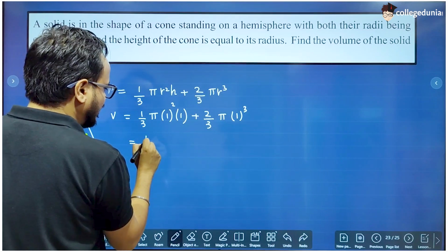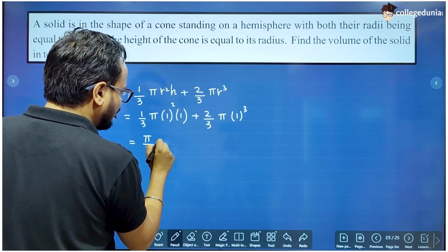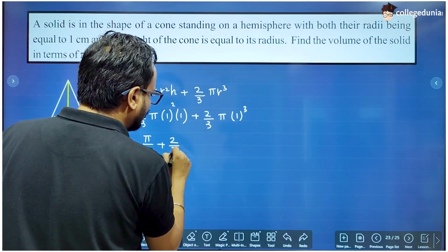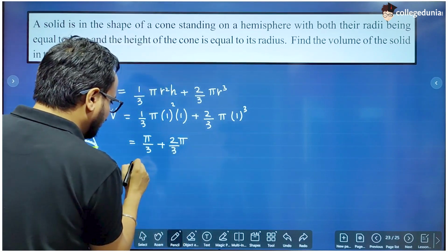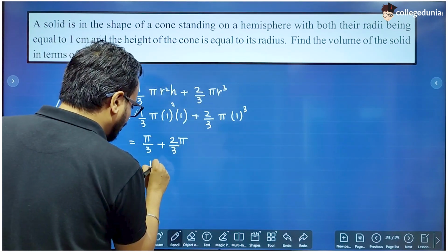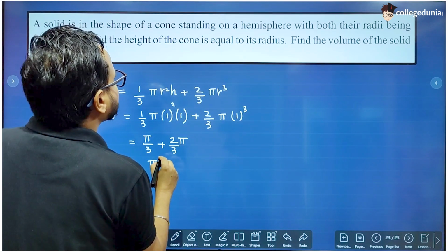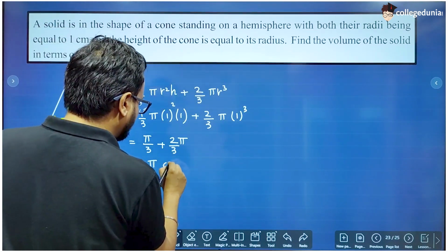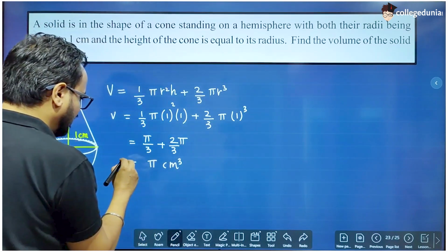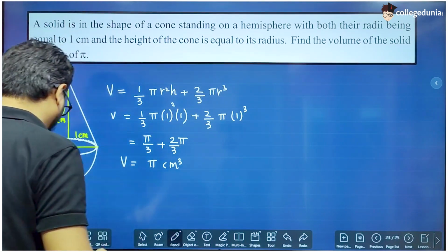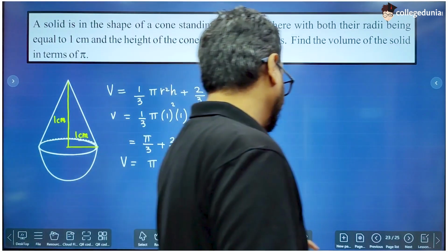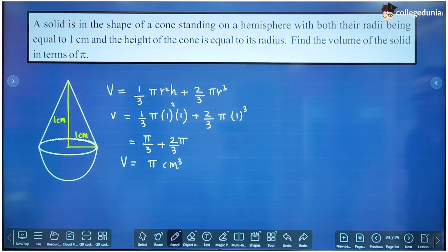So the answer is pi by 3 plus 2 pi by 3, which is 3 pi by 3, or pi. Answer should be in centimeter cube because the radii and height are in centimeter. Clear? Next.